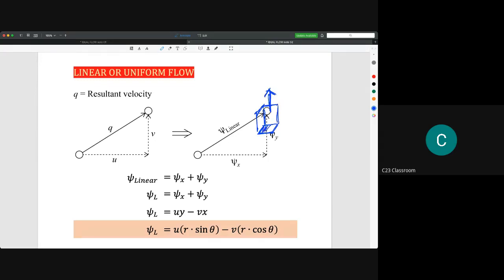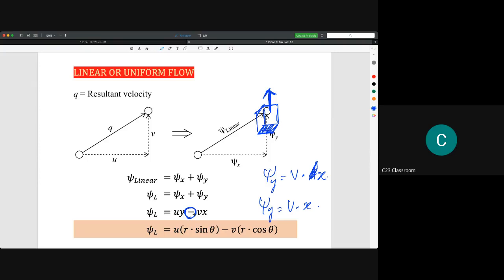So this is the cross section. That means psi y is equal to v times dx, and then we simplify the d, so psi y is equal to v and x. And again, you must agree that this direction creates a counterclockwise direction, so we put a negative sign here.